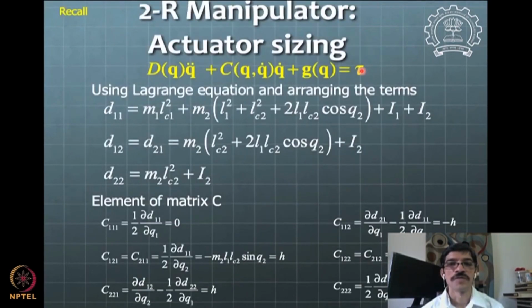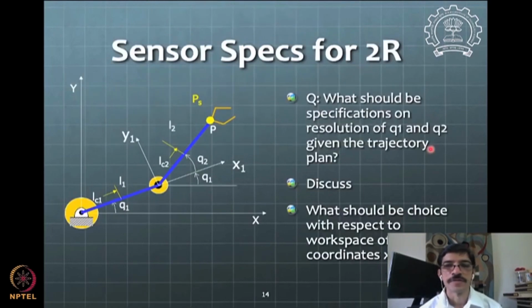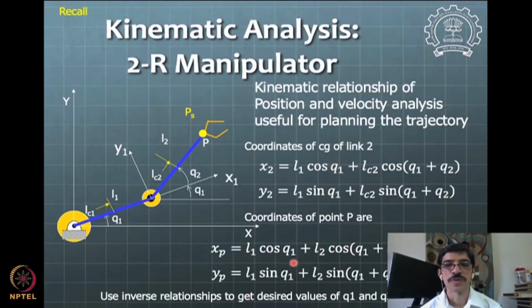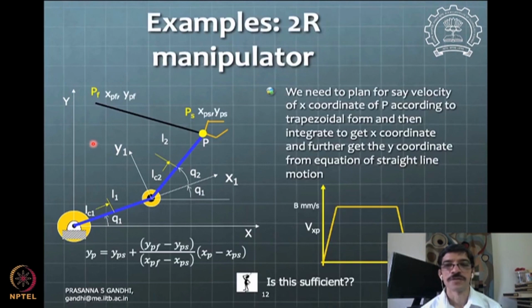So for example, here we had just said this q1 and q2 will be obtained based on this plan for XP to move along the straight line. So you'll have a similar kind of diagram for q1 and q2 again.